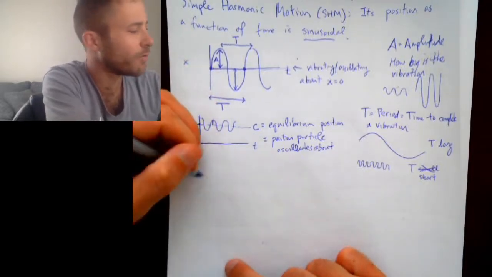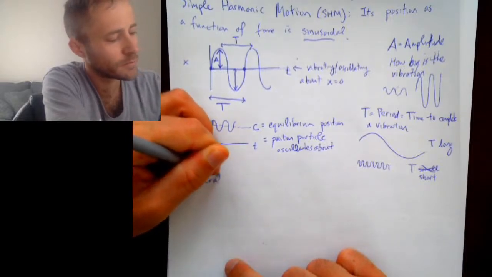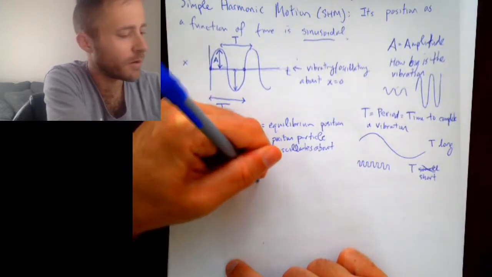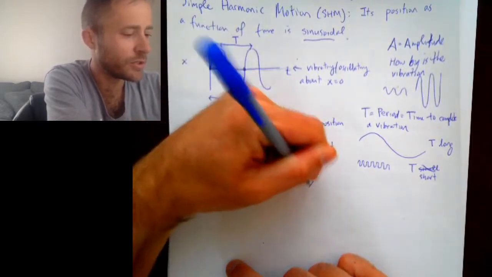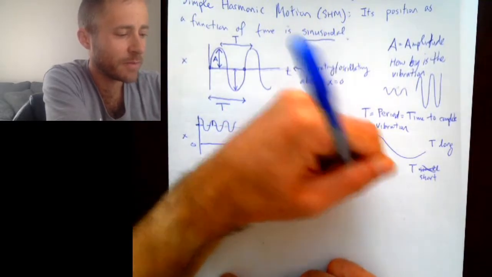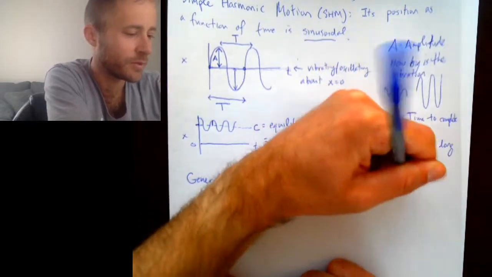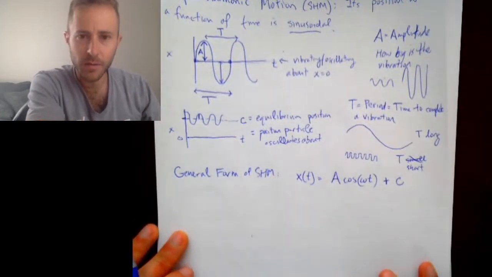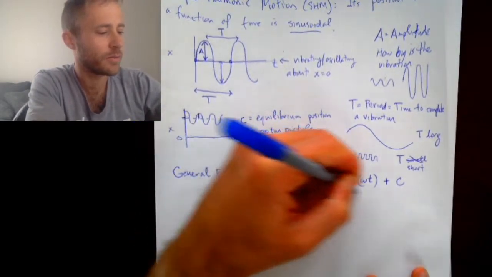So the general form of simple harmonic motion, basically your position as a function of time, is going to be x of t equals A cosine of omega t plus C. So this kind of is our first main result.